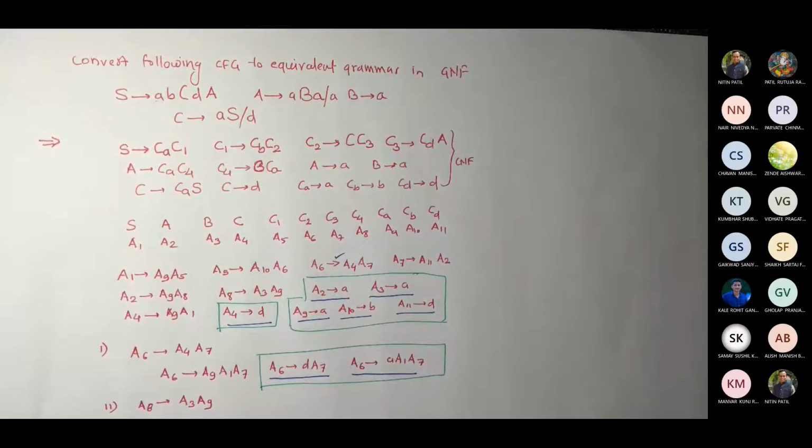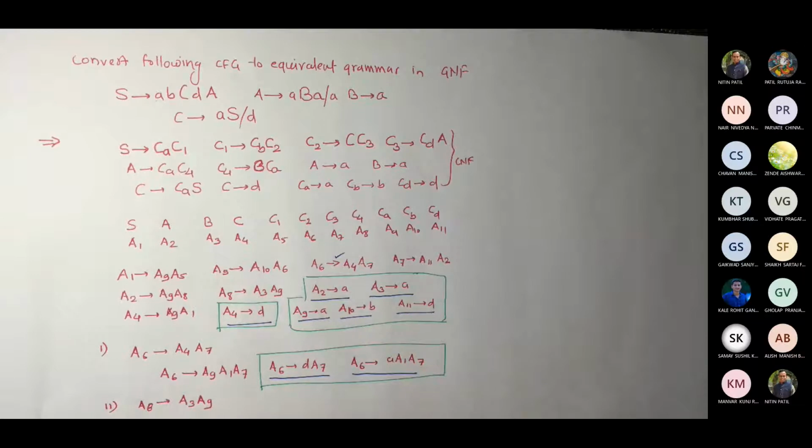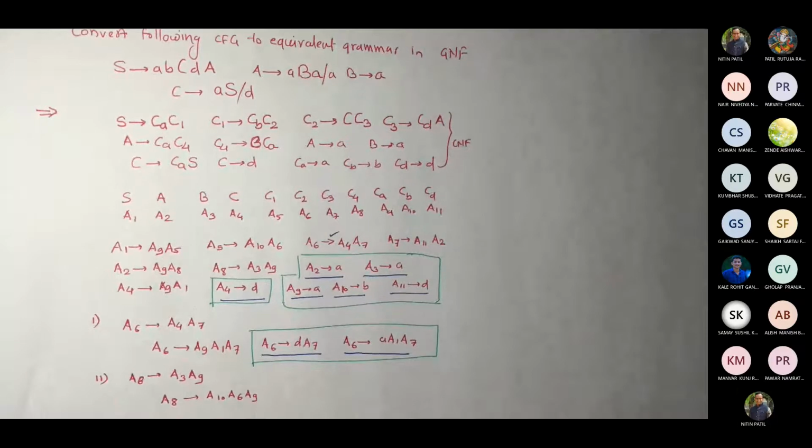How many values are there for A3? One, A10, A6. So let us put it. So what you get? A8 gives A10, A6, A9. Correct?